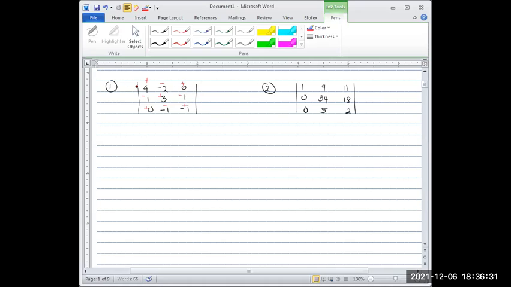Then I decide, what am I using? Natty says she wants to use the first row, so I'm indicating which row I'll be using. I'm going to have 4. Now, watch this. Any column the 4 appears in, and any row the 4 appears in, I am going to take out those numbers, and the matrix that is left is going to be my 3, my 1, my negative 1, and my negative 1.